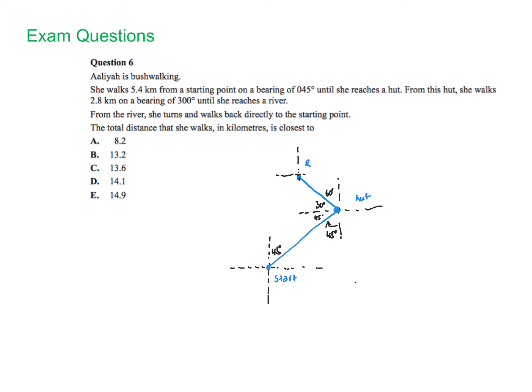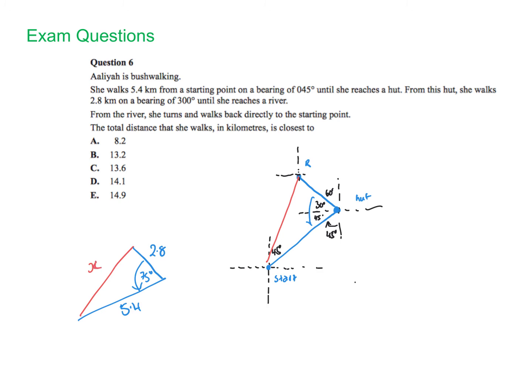So you've worked out, and then it says she returns from the river and walks back to the starting point, and it asks for the total distance. If we simplify our triangle, we know this was 5.4 and this was 2.8, and we've found this angle in here. If you add those two together, we've got that 75, and we need to find this distance here.